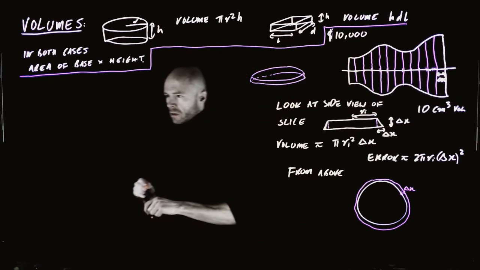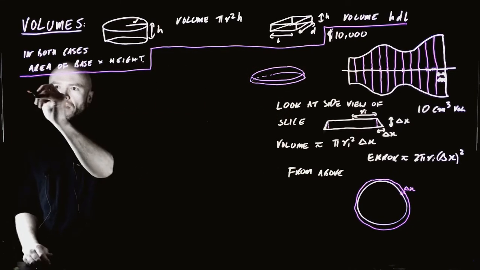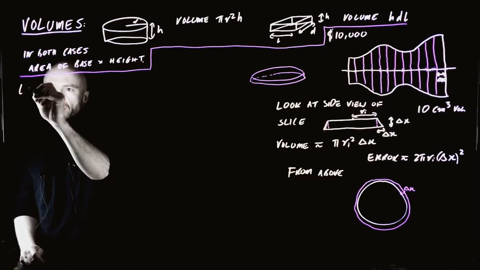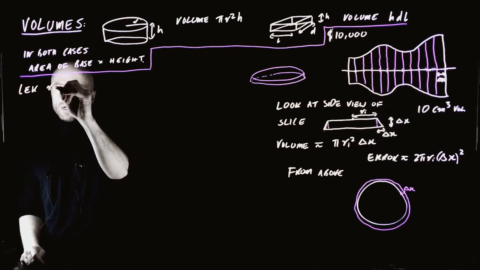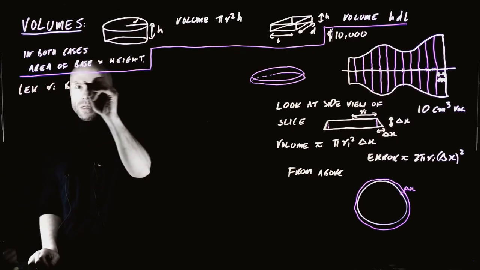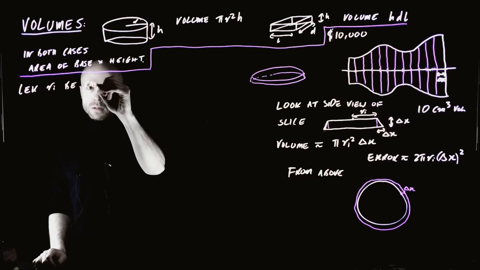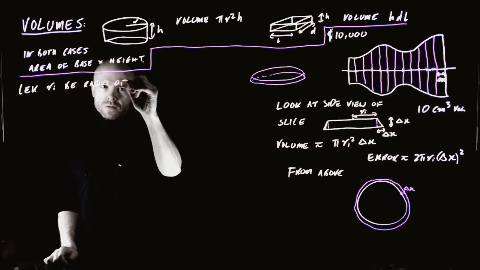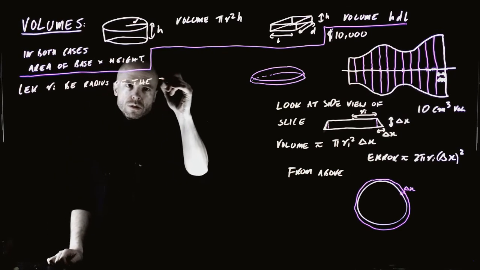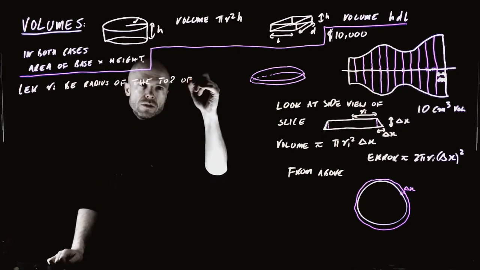So let Ri be the radius of the top of each slice.